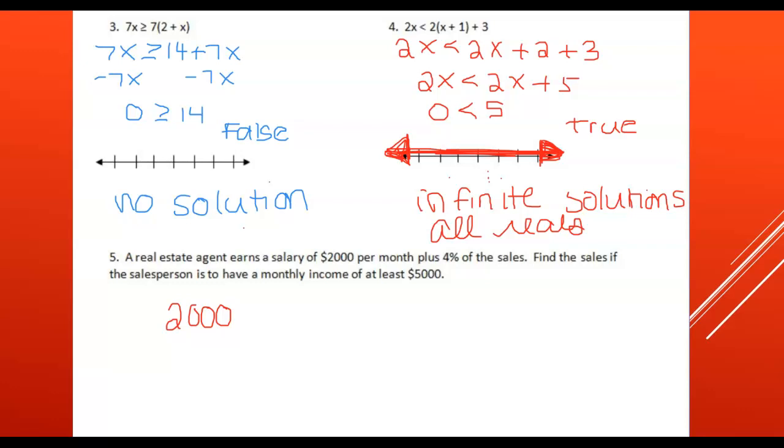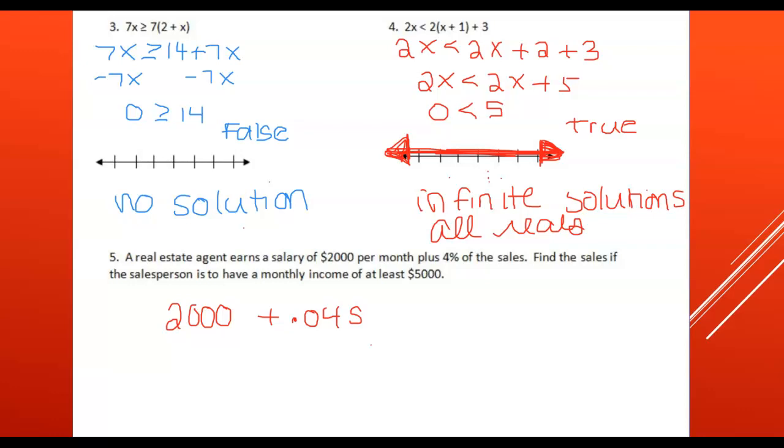They earn, or plus, 4% in sales. Anytime we have a percent, we have to divide it by 100 to turn it into a decimal in our problem. So 4% is 0.04. Here's where you have to interpret the terminology.